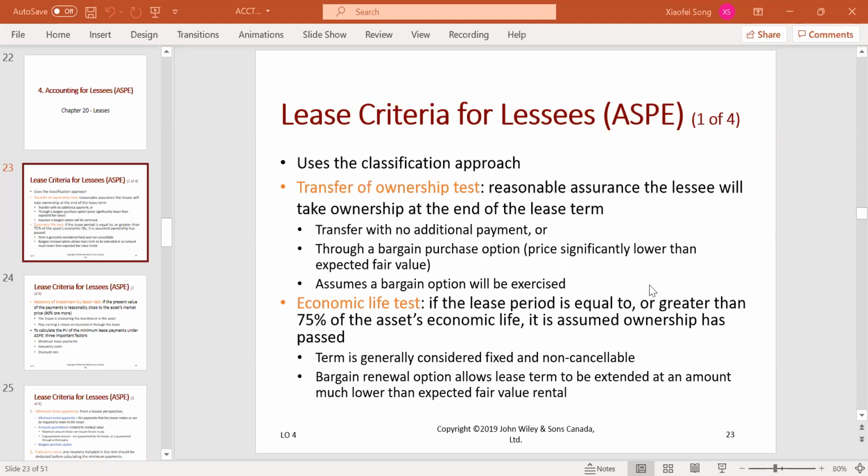So the lease is substantial. If the lease term is 75% of the property's economic life or more, then we consider it similar to an installment purchase. So it's capital lease. Otherwise, it will be considered operating lease.